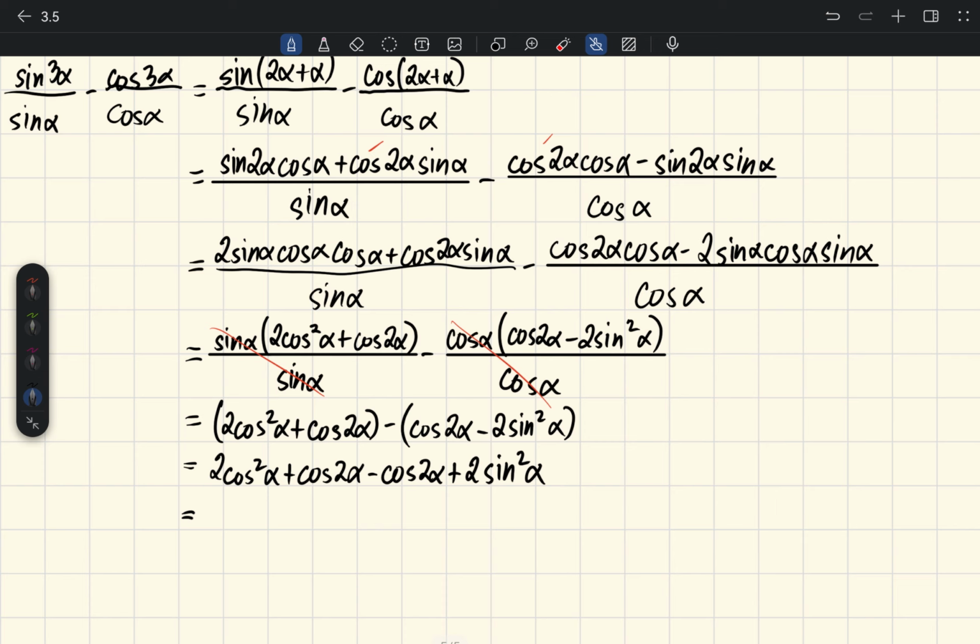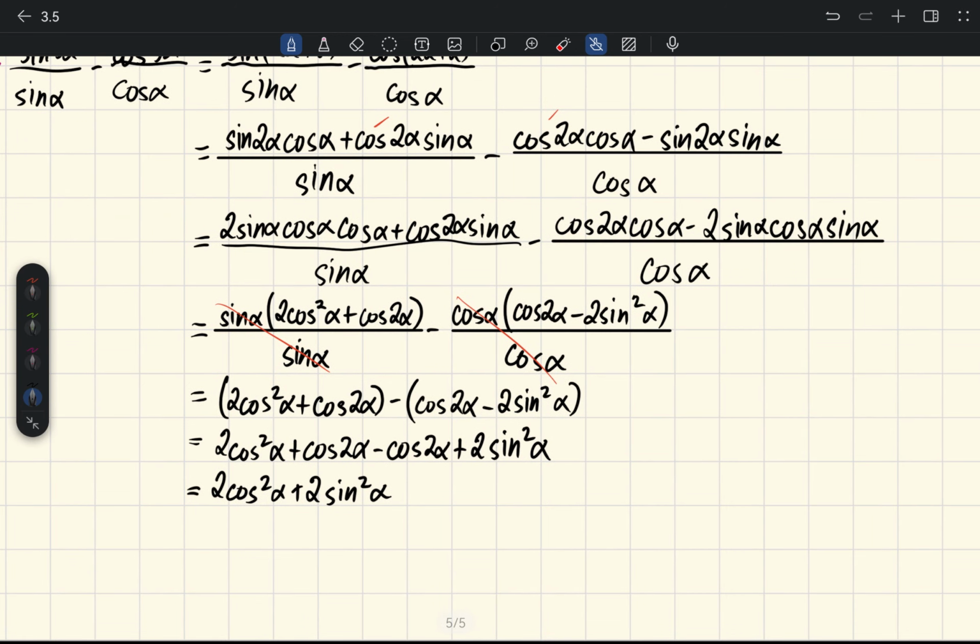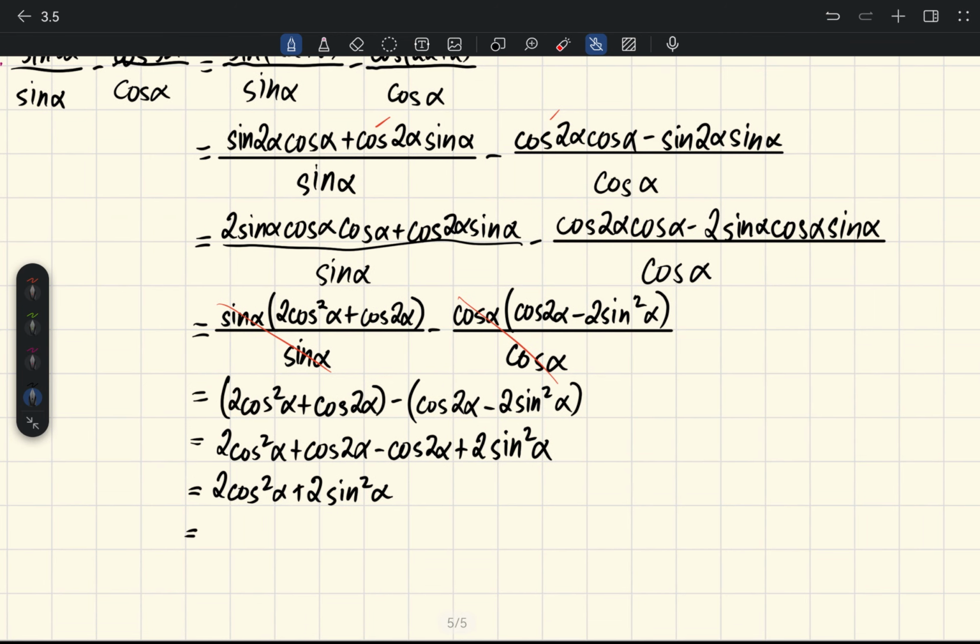So as you can see, you have a plus cosine 2 alpha minus cosine 2 alpha that just cancels out. What's left is 2 cosine squared alpha plus 2 sine squared alpha. And as you can see, they have a common factor of 2. So factoring out 2, we have 2 times cosine squared alpha plus sine squared alpha, with this one right here being your Pythagorean identity. This one is just equal to 1. So finally, you have equals 2.